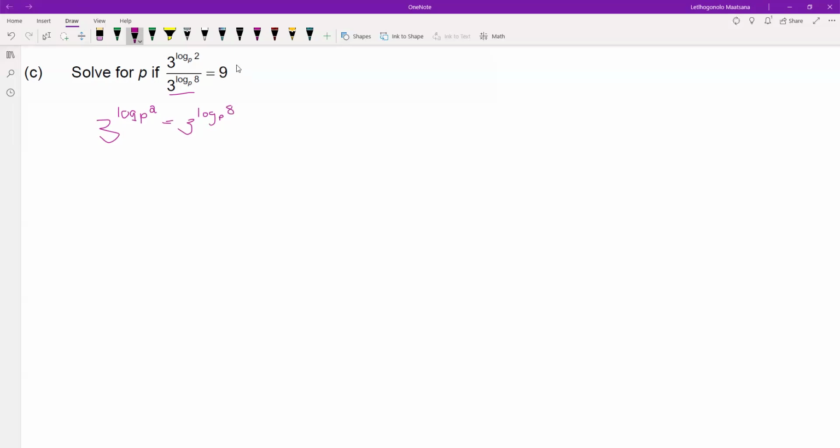And what we want to do is write that also with regards to log base 3, sorry. And then we'll write that as 3 to the power of 2.